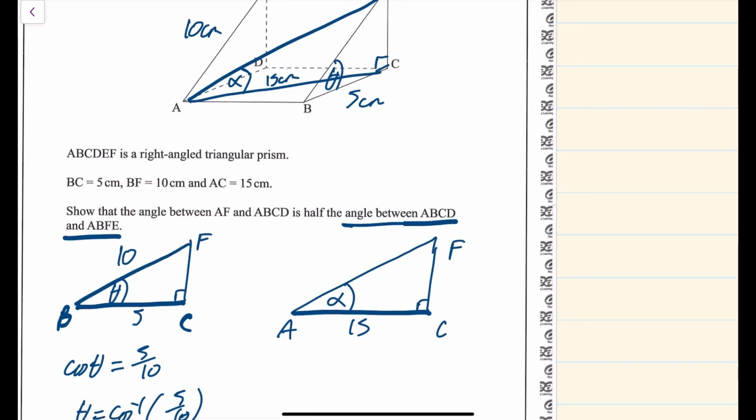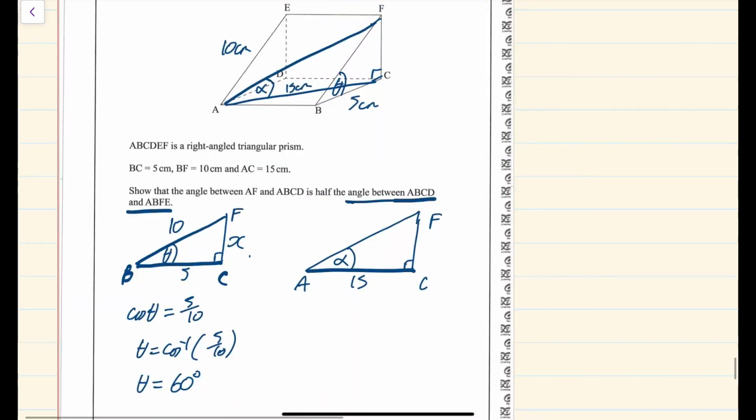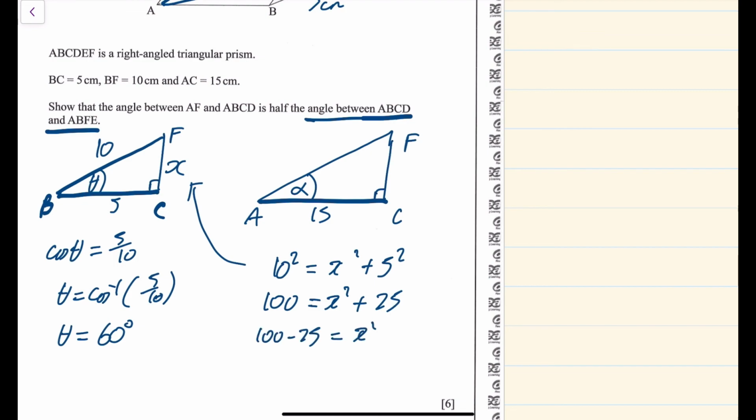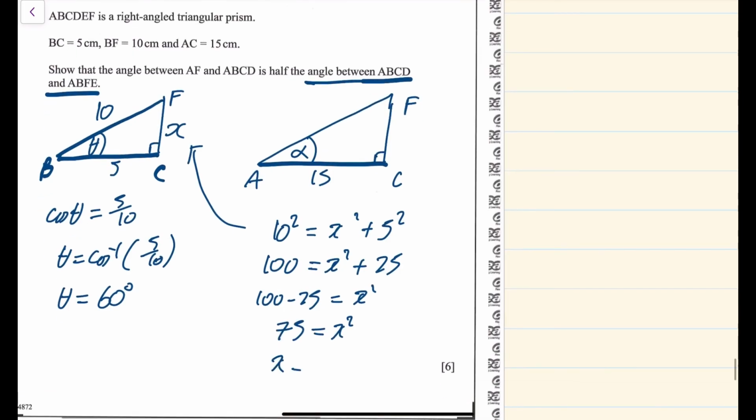So I need to find CF. So CF is in my first triangle. So just do the arrow here to find our CF first of all. That would have been 10 squared is equal to x squared plus 5 squared. So that's 100 is equal to x squared plus 25, or 100 minus 25 is equal to x squared, which means 75 is equal to x squared, which means x is equal to the square root of 75.